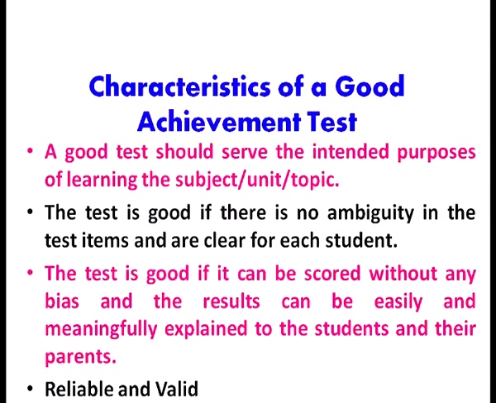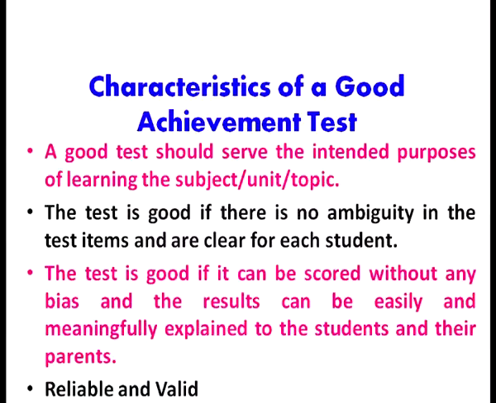Then a test is said to be good if it can be scored without any bias. That means there should be objectivity in any achievement test, and the results can be easily and meaningfully explained or interpreted to the students and their parents. Why do we conduct achievement tests?